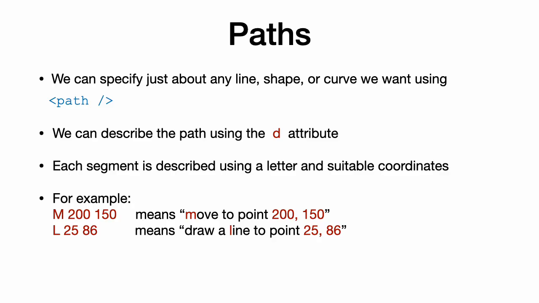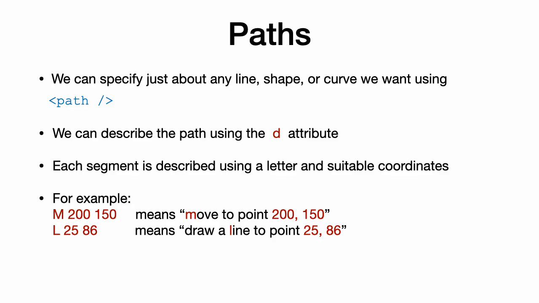We can describe this path using a simple system of letters and pairs of numbers. The path tag will have an attribute D. This D attribute will describe how we draw our path. The value of the D attribute is given as a string consisting of letters and pairs of suitable coordinates.